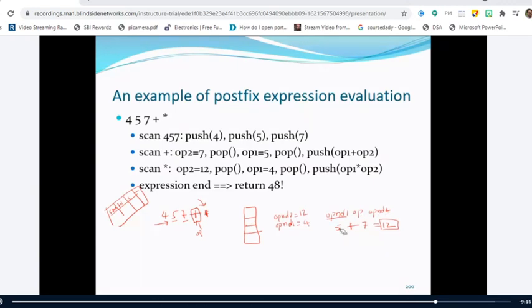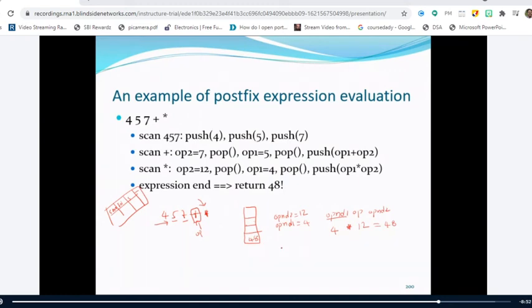Operand 1 is 4, the operator is star, operand 2 is 12. What is the result? 48. You again push this result back onto the stack.